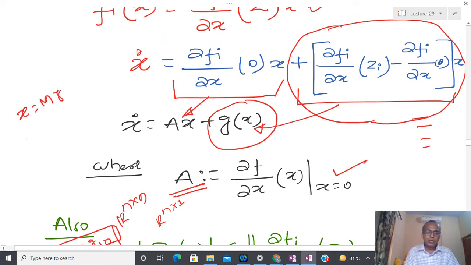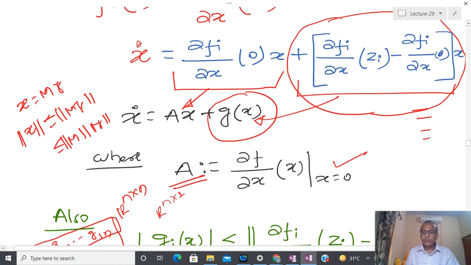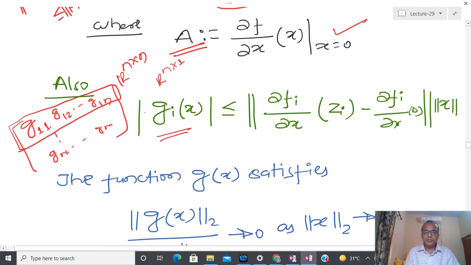Now what I am going to do is take the norm; either you can take the absolute value or the norm, that doesn't matter. After that, I have M into y, so I can write the norm of M and the norm of y like this. So due to that reason, this term comes into the picture. Either you can take the absolute value or the norm, both are the same.